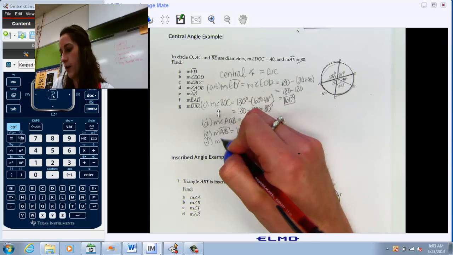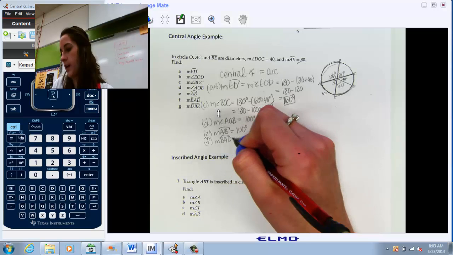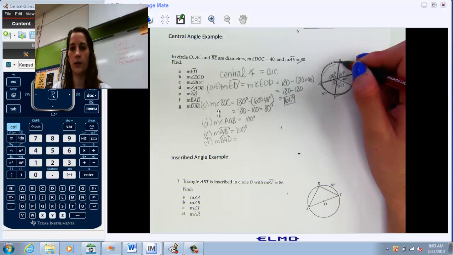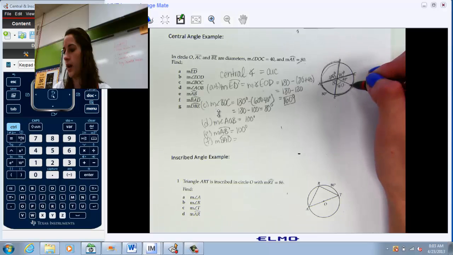Measurement of arc BAD. So we have to follow the letters. So measurement of arc BAD. We're going to have to add up all of these central angles, the three central angles, to come up with that measurement.